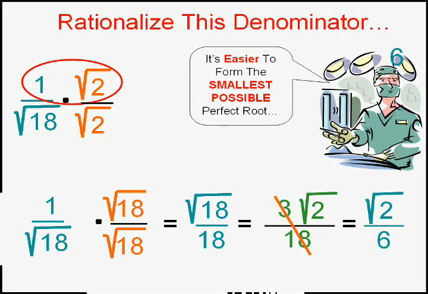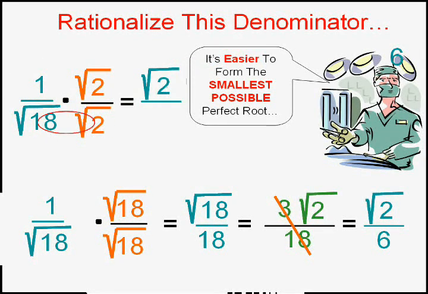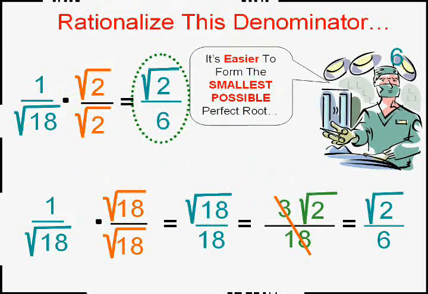The top will give me radical 2. And the bottom will give you the perfect square, the smallest perfect square, and then take the root. You're plumb right, I think it's a much easier way to do it. A little bit more thinking, but a lot less computation.